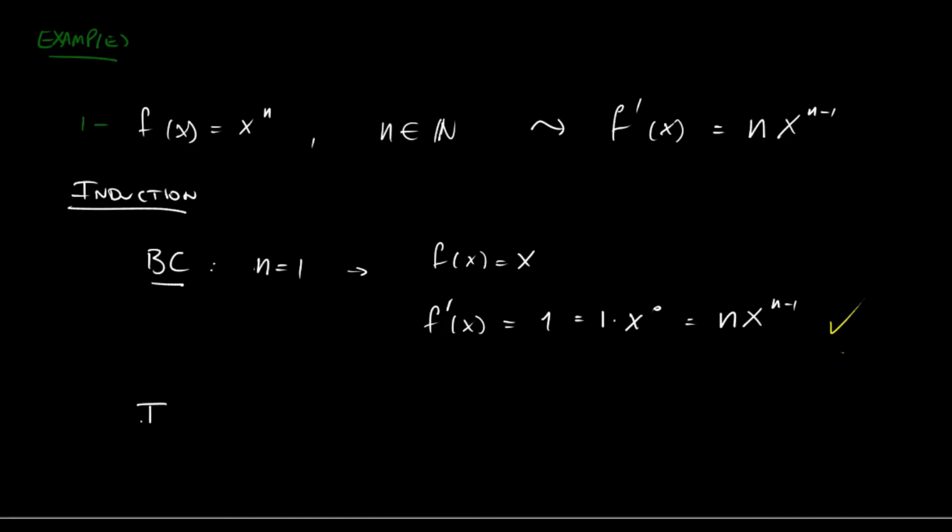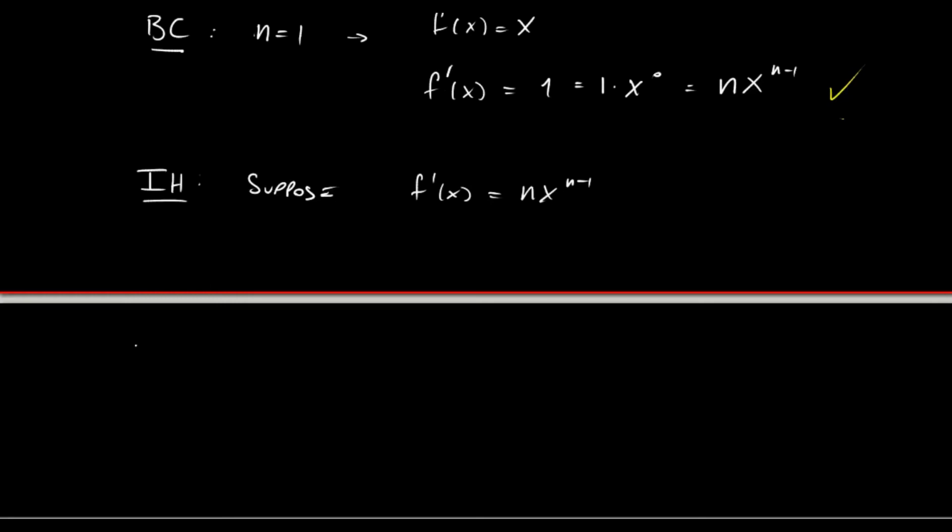Now we're gonna have our inductive hypothesis, and it's: suppose the derivative of f is n times x to the n minus 1. And we start with the inductive step, and that is considering the case n plus 1. We're gonna start by defining a function g of x equal to x to the n plus 1.